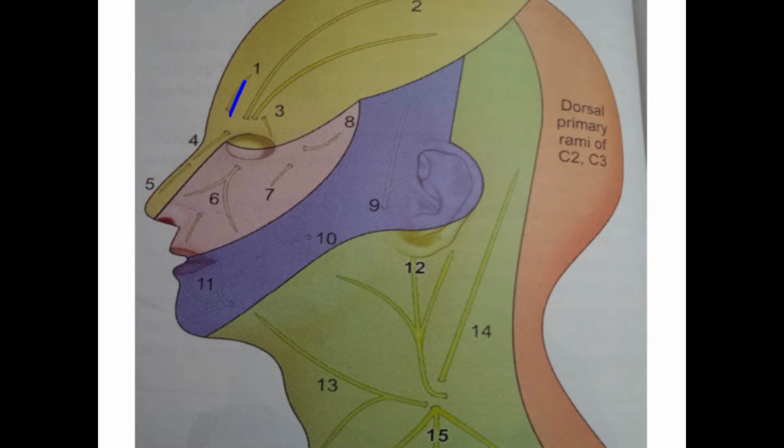This nerve is the supratrochlear and this is the supraorbital, reaching up to the vertex, and palpebral branch from the lacrimal nerve, infratrochlear nerve, external nasal nerve, that is the terminal part of the anterior ethmoidal branch. This is the ophthalmic zone.